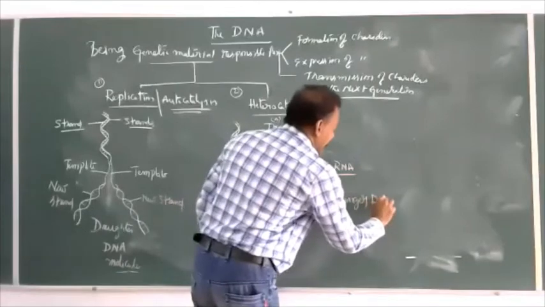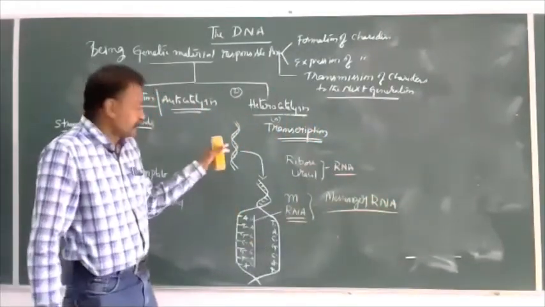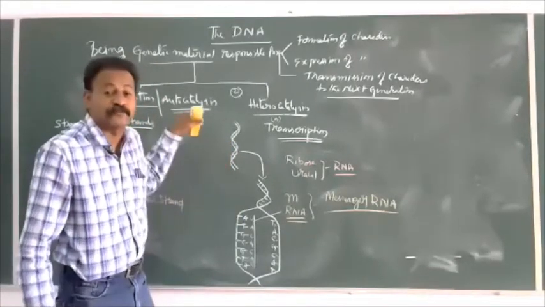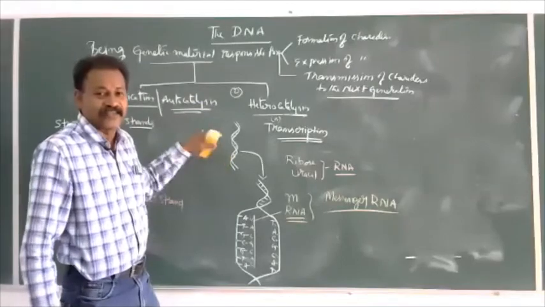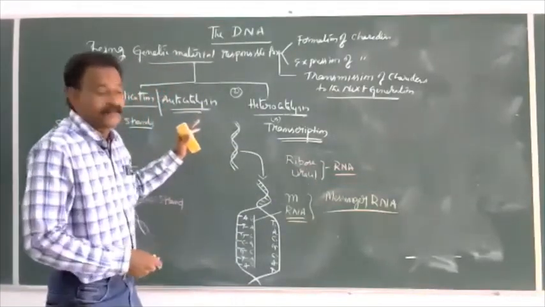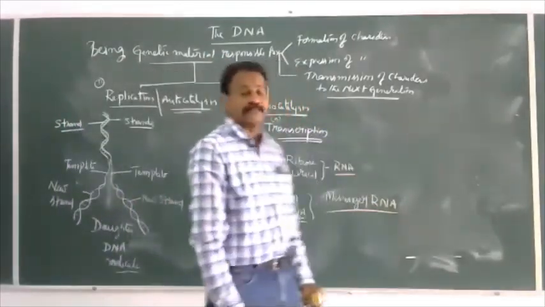Messenger RNA molecule. All these things are happening in DNA. DNA is present in a chromosome, and the chromosome is present in the nucleus. In a cell, for example, this board is a cell. In the nucleus, all these things are happening. The remaining part is cytoplasm.